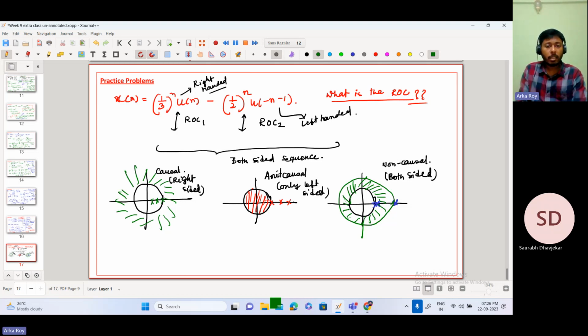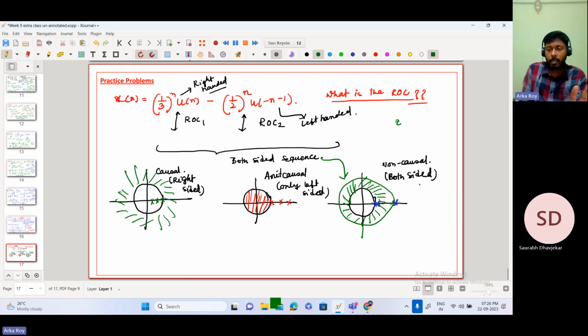So by seeing the form given over here as x[n], we can see this comprises a right-handed part and a left-handed part, which basically comprises the both-sided sequence condition. Readily in your mind, it should click that this is a both-sided sequence, so I should get an annular region.